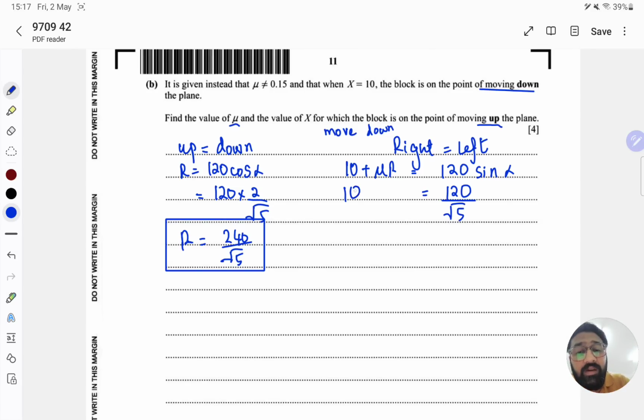The value of r we just found out. We need to calculate the mu, 240 by square root of 5. So 120 by square root of 5 minus 10.